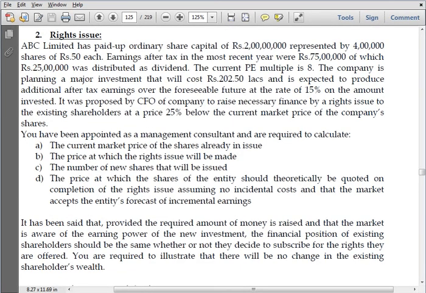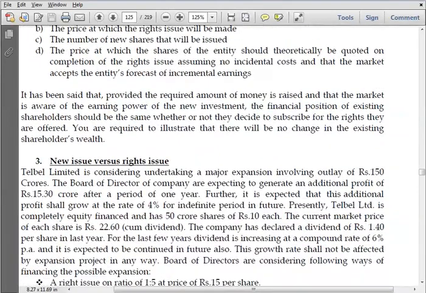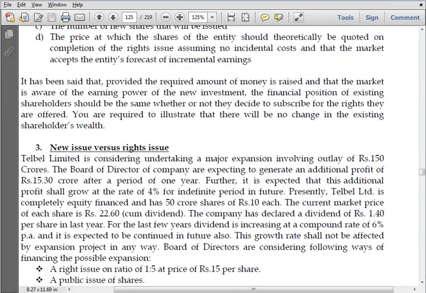Next, present value of inflow equals cost of the project into rate of return into P/E multiple.